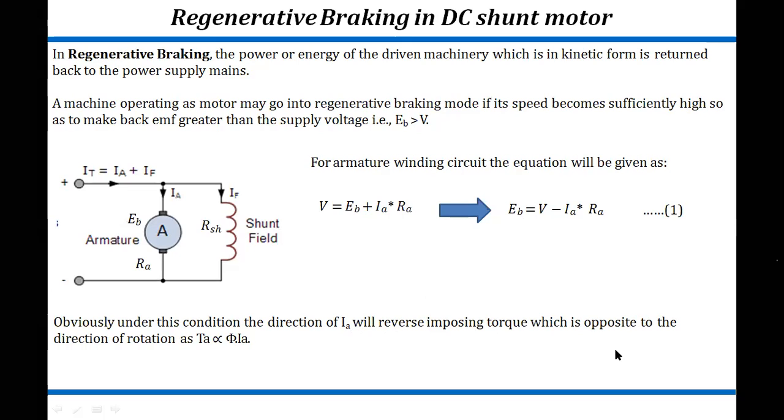And we are aware of the torque and armature current relation. We have already seen the characteristics of the DC shunt motor, torque and speed, and torque and armature current. The value of torque is directly proportional to Ia and phi. So if we reverse the direction of armature current, it will reverse the direction of torque.